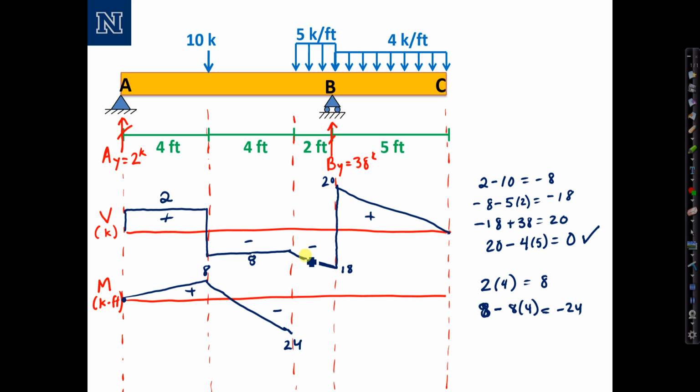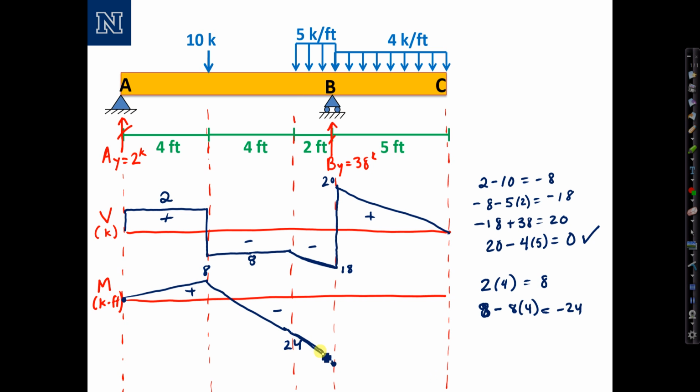Over the next region, our shear becomes linear. It's still negative, so our moment is still going to continue to decrease, but now it's going to decrease quadratically. Okay, and as far as the slope, how I'm going to draw this is as the value gets larger, my slope is going to get larger. So I'm going to draw it kind of curved in that direction, where the steeper slope is at the bottom.